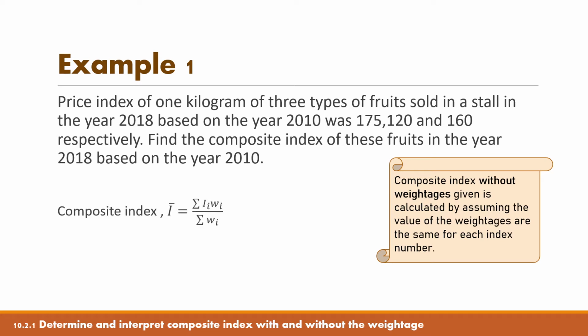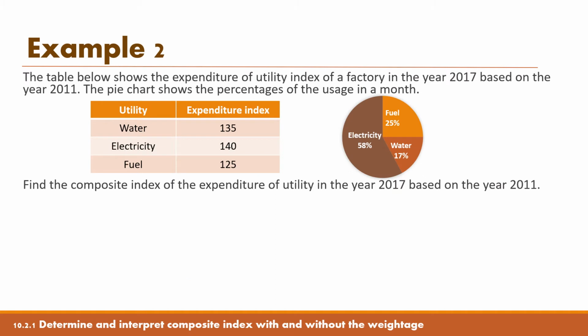Therefore, by applying the formula of composite index, we will say that composite index will be equivalent to 175 multiply 1 plus 120 multiply 1 plus 160 multiply 1 and divided by 3, as we are having 3 items here. And easily with the help of calculator, we will get the answer, which is equivalent to 151.67.